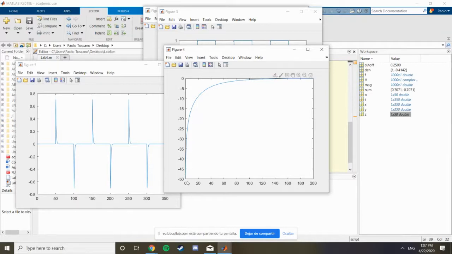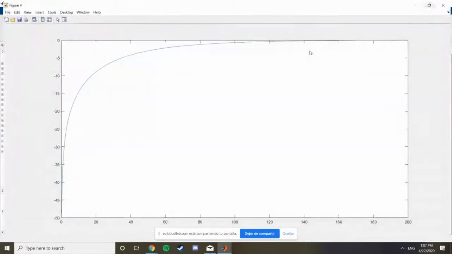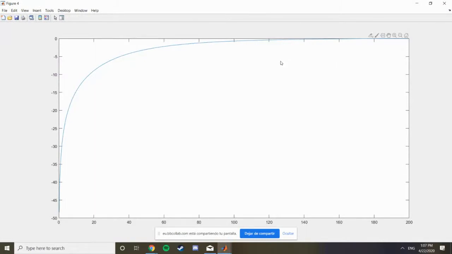If you convert the magnitude to decibel, 20 log of magnitude is the decibel of the signal. Minus something means the magnitude is very small. So it's negative at low frequencies, and at high frequencies the magnitude is close to 0 decibel, meaning close to 1.